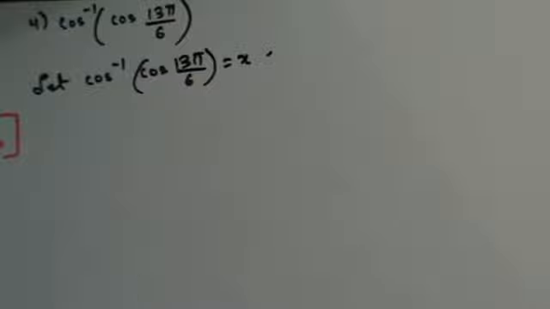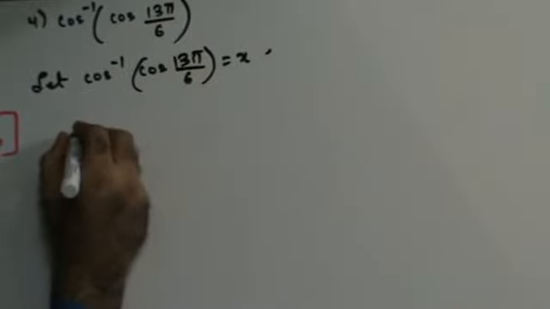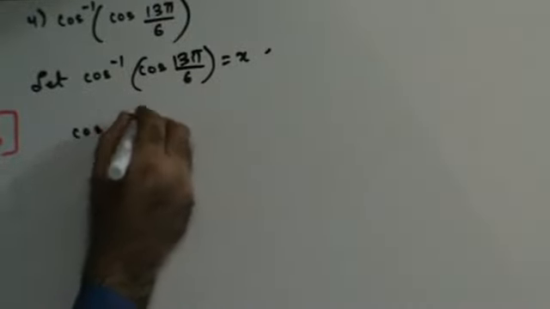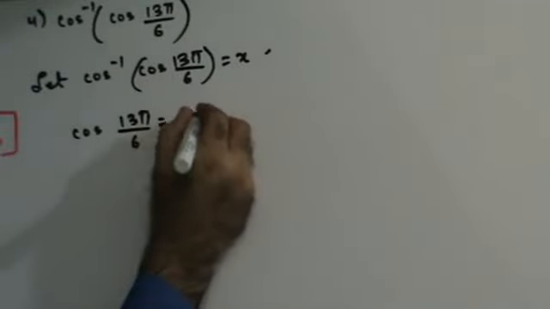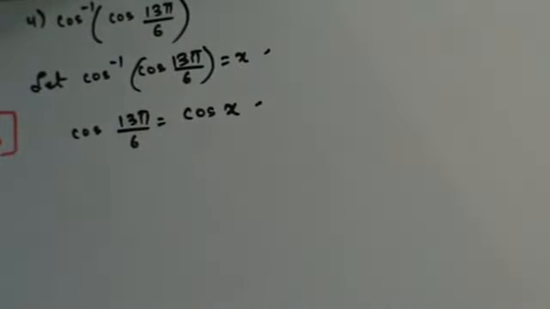If I take cos inverse to the other side, it becomes cos, so you get cos 13 pi by 6 is equal to cos x. Use allied angles. Before I cancel the cos function, you have to reduce the given angle into simplest form.